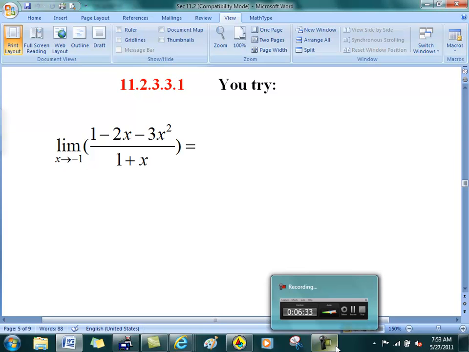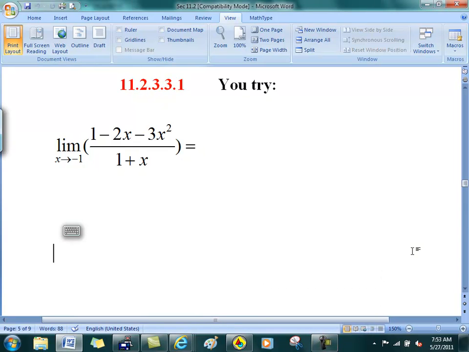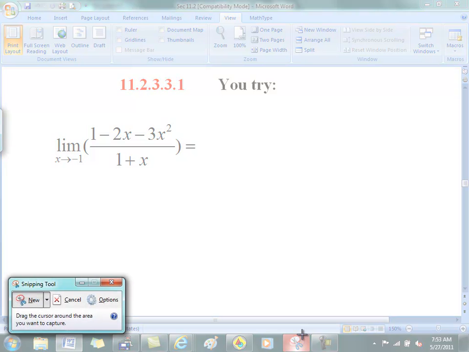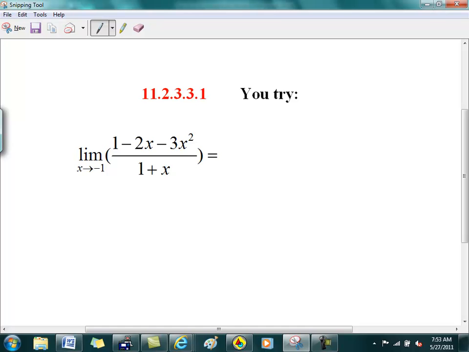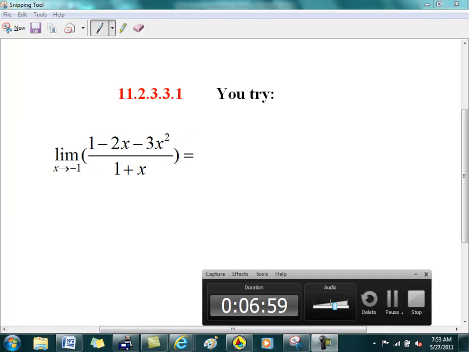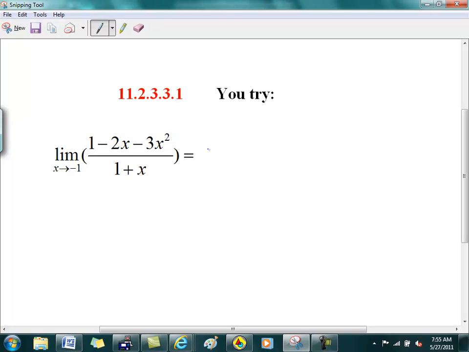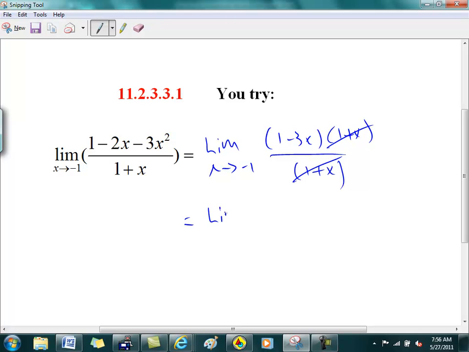Okay, how about you try this example? If I factor this, I get 1 minus 3x times 1 plus x, over 1 plus x. Does everybody buy that factoring? Then I can cancel this, and I get the limit as x goes to minus 1 of 1 minus 3x.